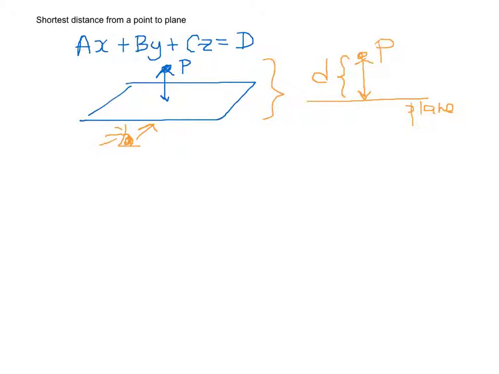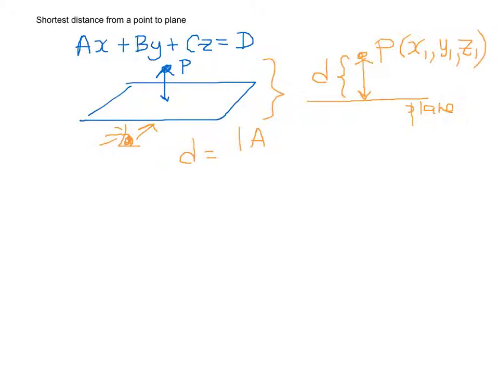The formula to calculate D is the absolute value of A times, well, the point P, say we know the coordinates of P, let's call that x1, y1, and z1.